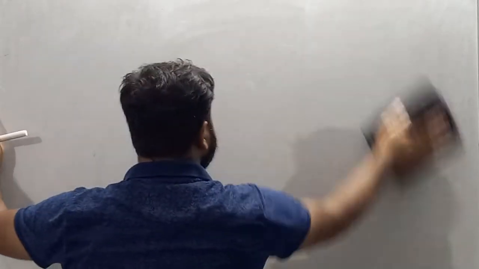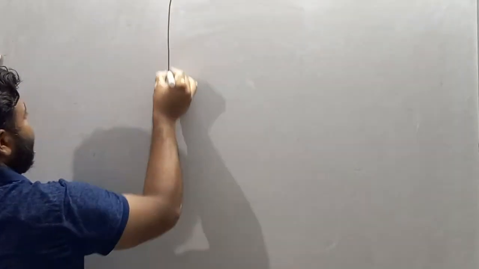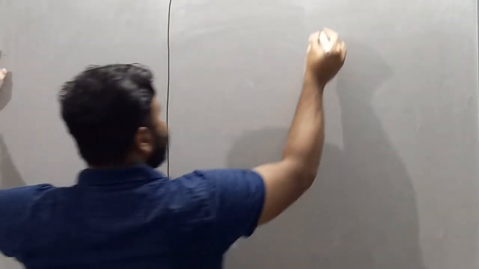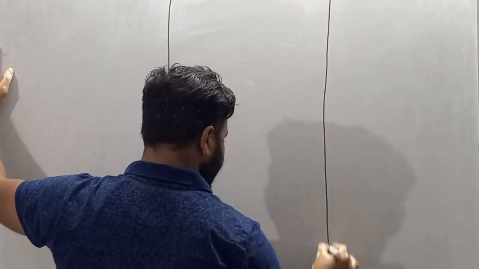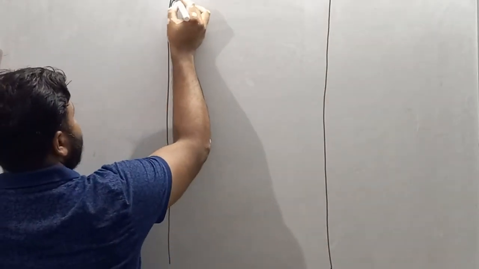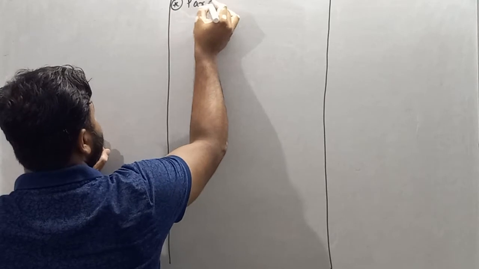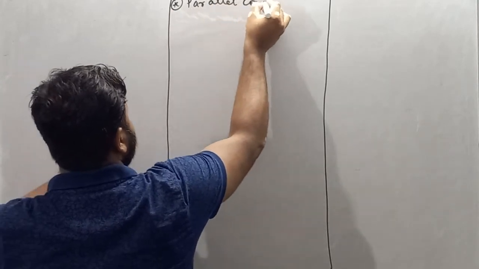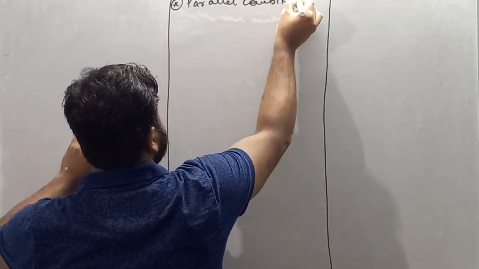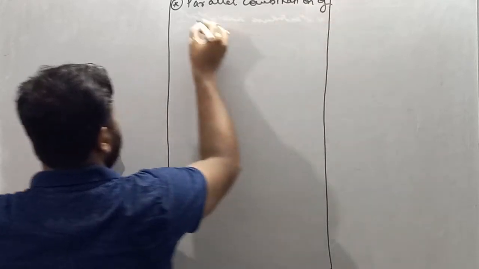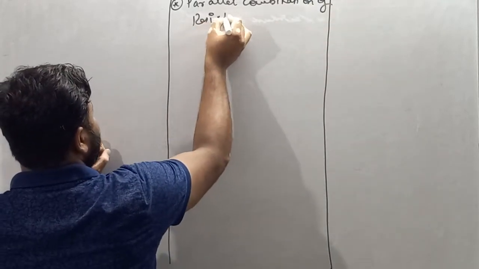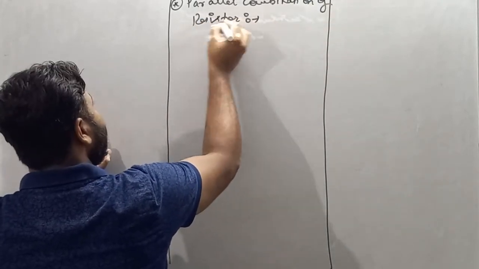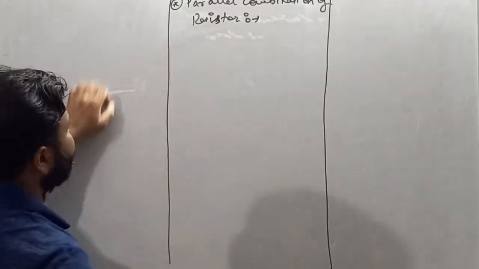Parallel combination of resistors. This is when we say resistors are connected in parallel to each other. So our topic now is the parallel combination of resistors.